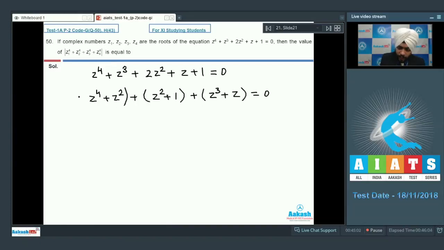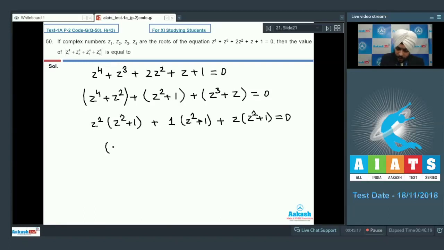Okay, so you have to carefully select them. Take out z square common. Inside I have z square plus 1. This is z square plus 1 into 1. Simple. This is z into z square plus 1. So z square plus 1 is common throughout. If z square plus 1 is common, we have z square plus z plus 1 equal to 0.